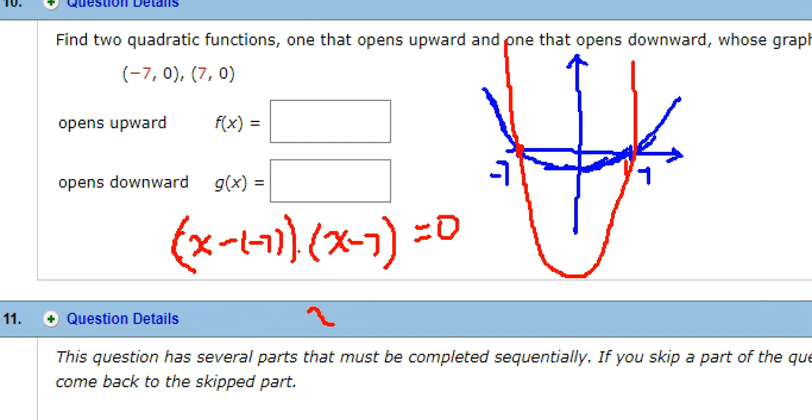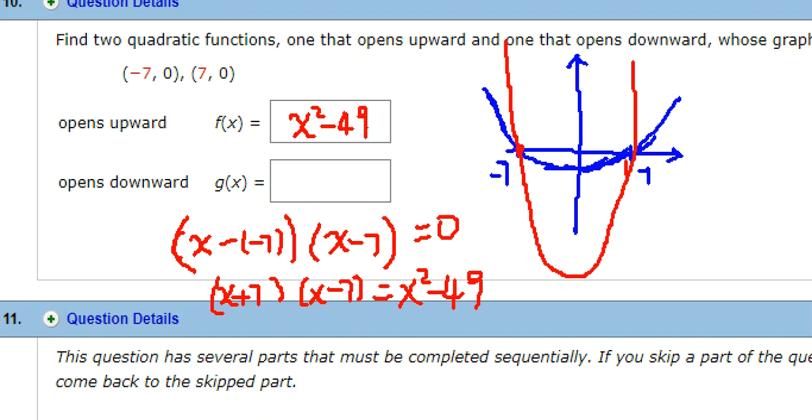So with that, let me continue to simplify. This is x plus 7 times x minus 7, which is x squared minus 49. Okay, so one possible answer is x squared minus 49. All right. Now you might wonder, hey, how do you find another possible one? Easy. That's very easy.